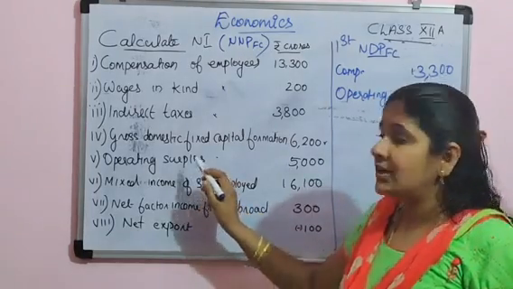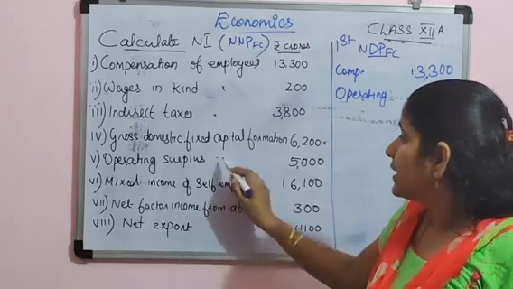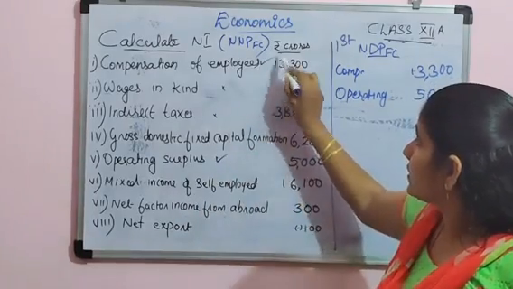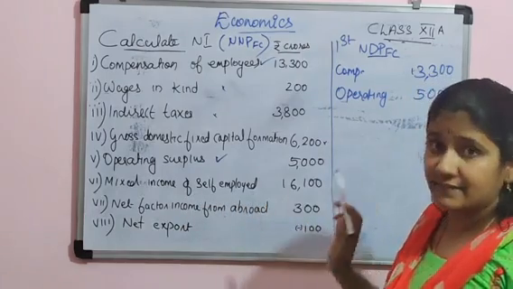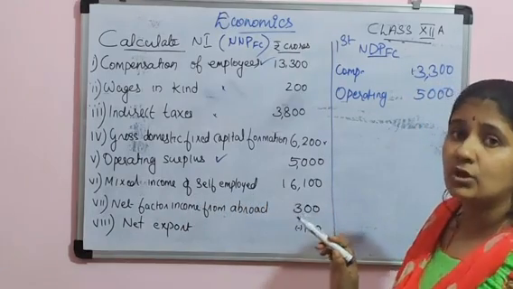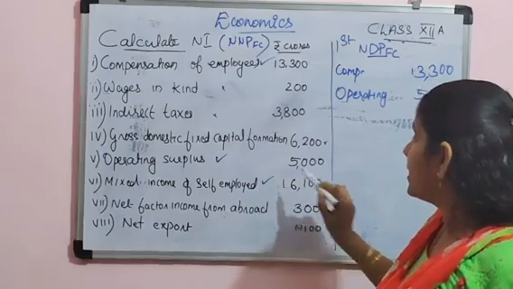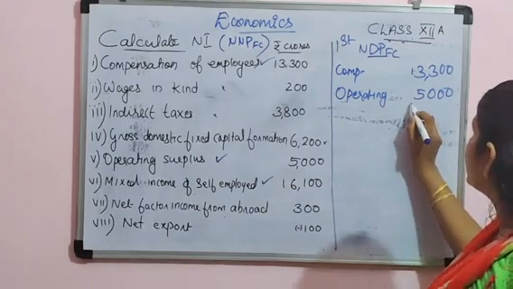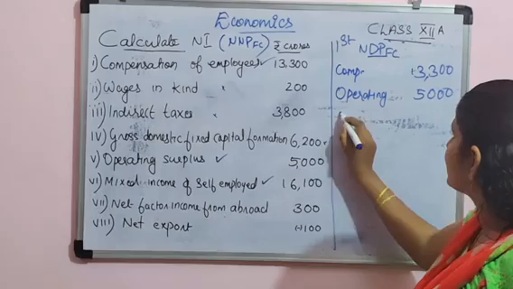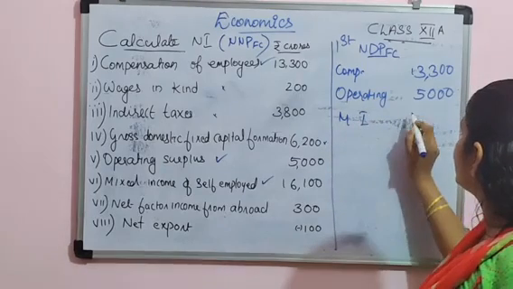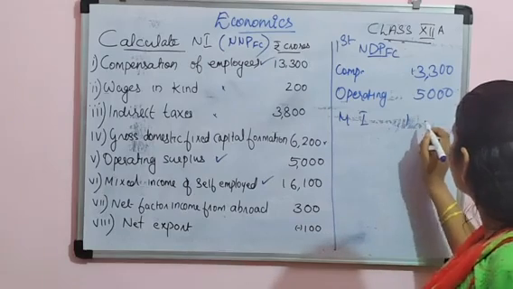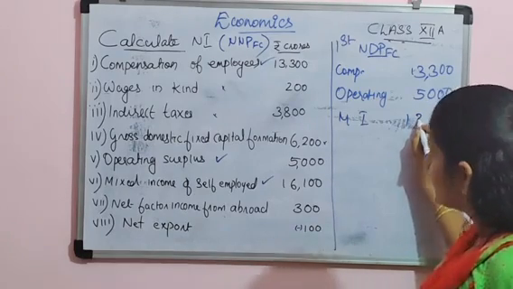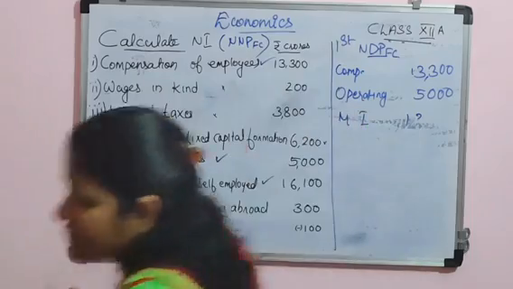Now next is mixed income of self-employed, that is also a part of the NDPFC. So here I am writing mixed income, it is also a part of that, and it is 1600.